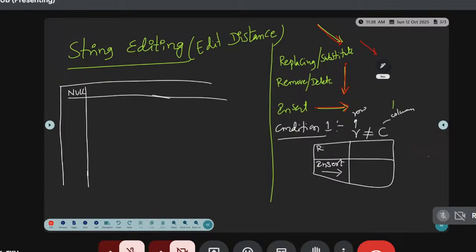Here it is replace, this arrow. Remove, this arrow. Condition: when R equals C, then we have to do this operation. What does this table indicate, right?